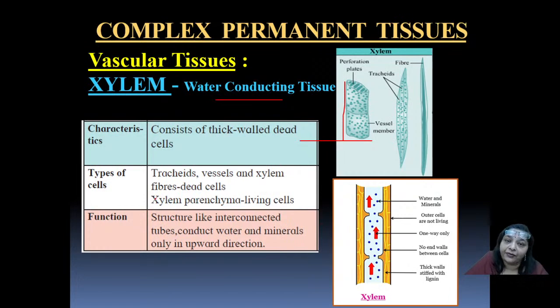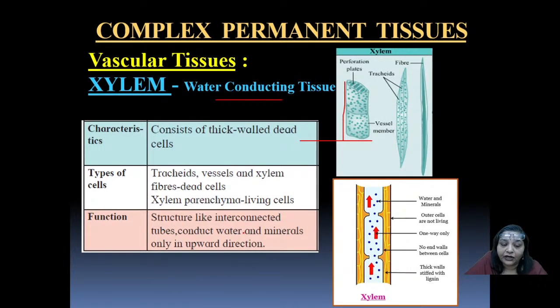The fibers are the sclerenchyma fibers associated with these xylem tissues, and xylem parenchyma help in storing food, which are associated with the xylem conducting tissues. Okay, the main function of xylem is to conduct water and mineral salts through the interconnected tube-like xylem vessels and xylem tracheids.